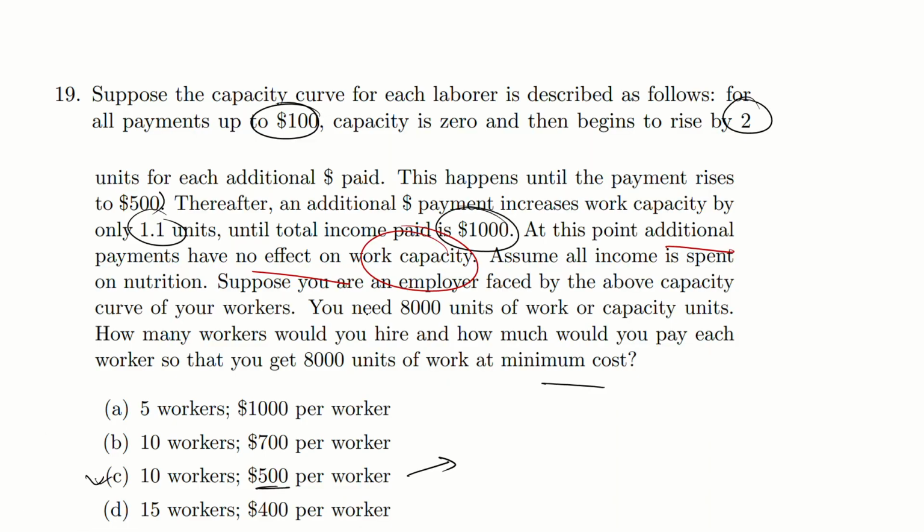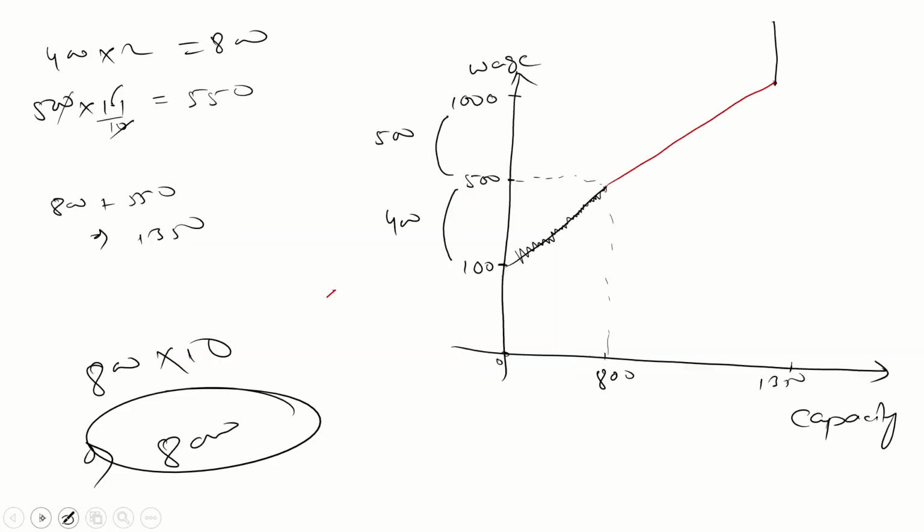You will get 8,000 units of work by paying this much, 500, because 500 comes under this.